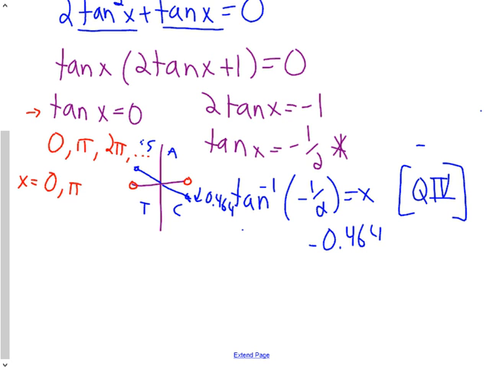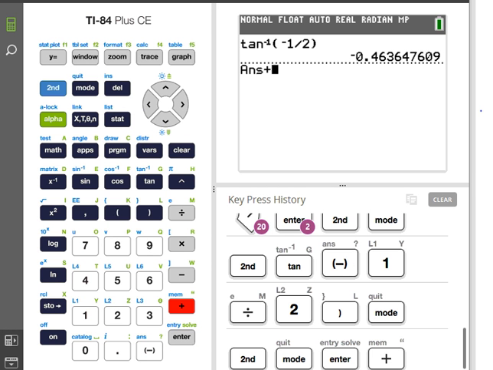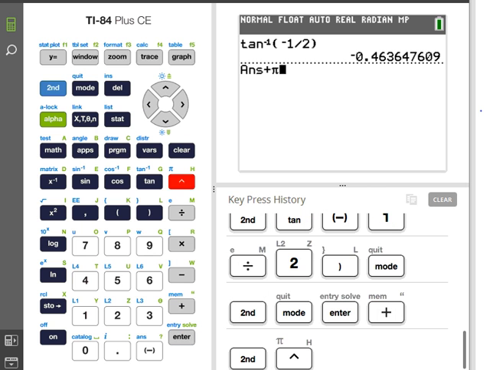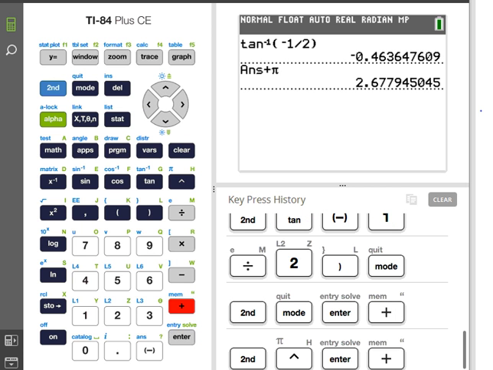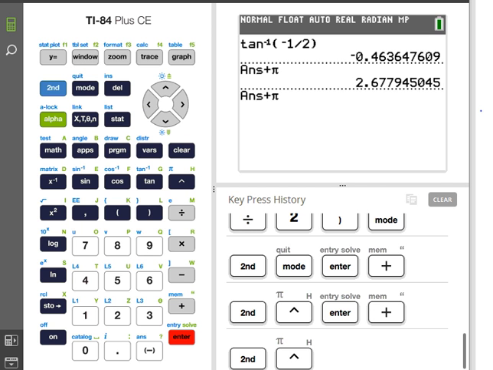And so we want to use our fact that pi is the period. So we're going to add pi to this to find our quadrant 2 answer. And then we're going to add another pi, technically adding 2 pi to what they gave us, to get our positive quadrant 4 answer. Okay, so plus pi, and we get 2.678, and then plus another pi to get 5.820.